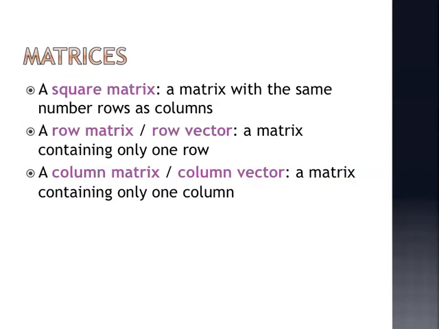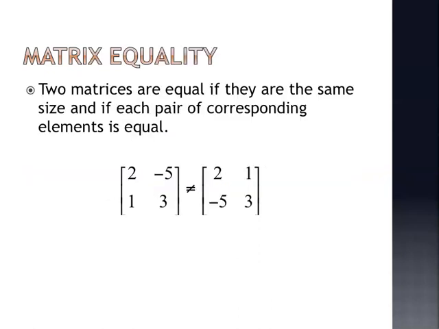Now, when we talk about matrices being equal to each other, we can only say that 2 matrices are equal to each other if they are both the same size and if each pair of corresponding elements is equal.